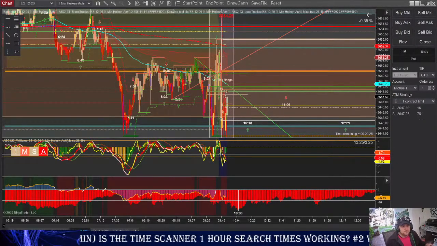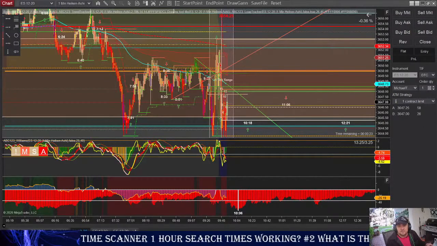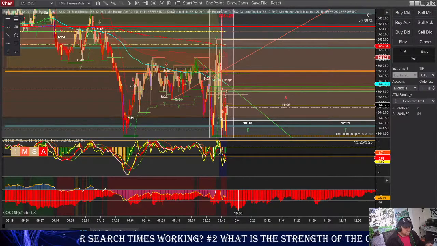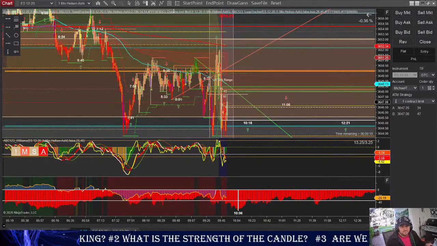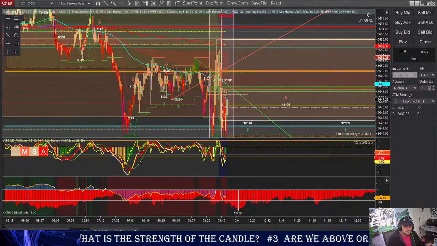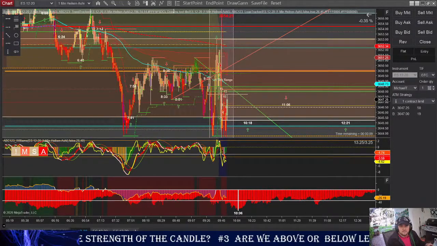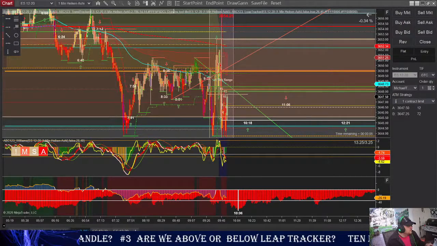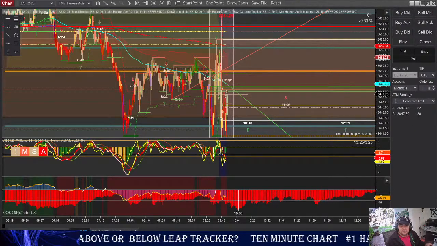Let's see where the volume point of control is in this whole session here. Right here. And they might hit the top of the 70. We'll see. She's getting there.